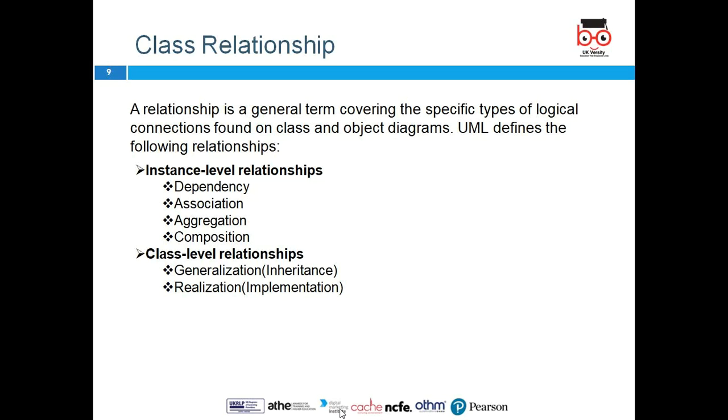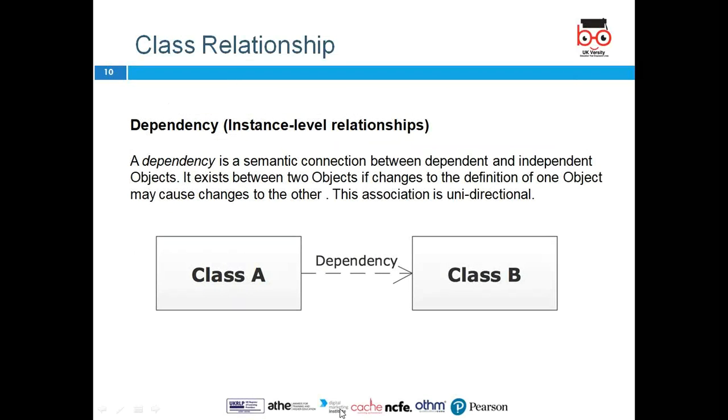But when you're talking generally, then you are talking about the class level. So at the abstraction level, you still can define the relationships, and at the instance level, those relationships become concrete. Right. So now let us go into further details of those instance level relationships and the class level relationships.